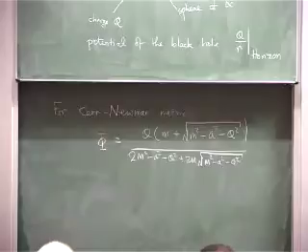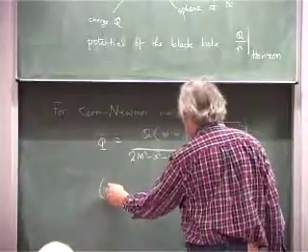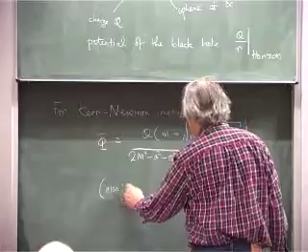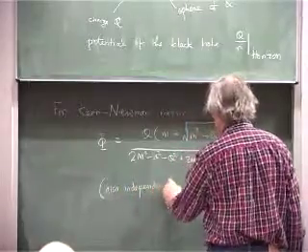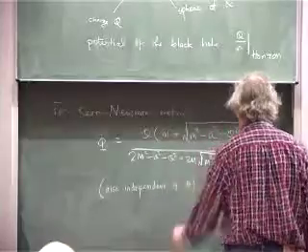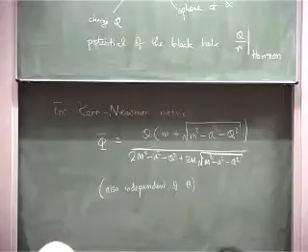Something which also is independent of the location on the surface of the black hole. So that's electrostatic potential.